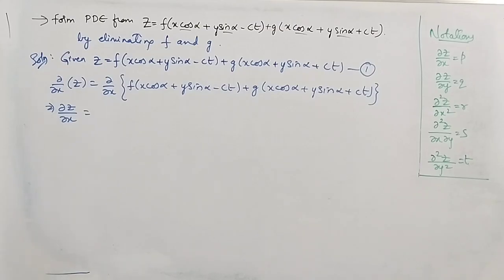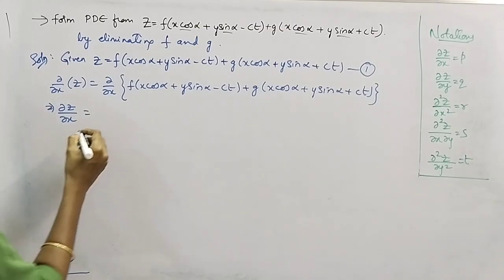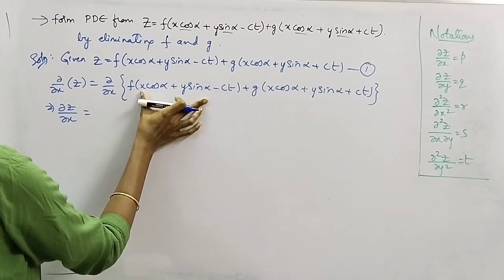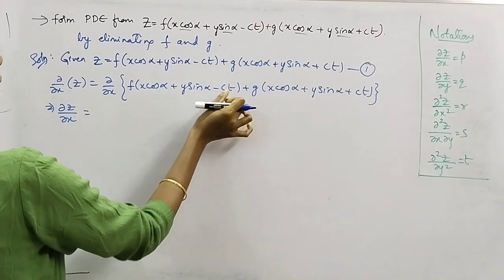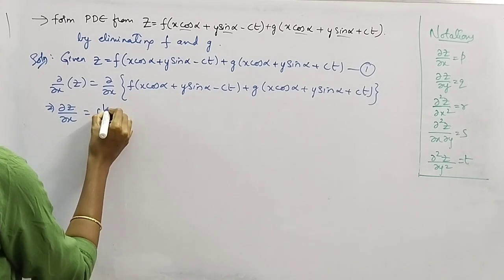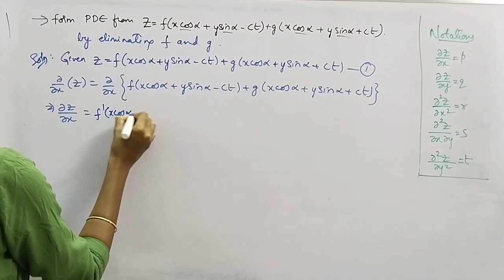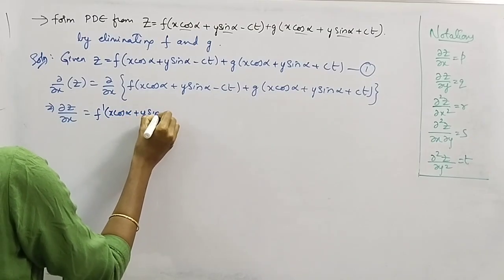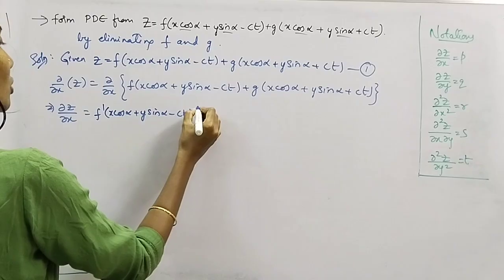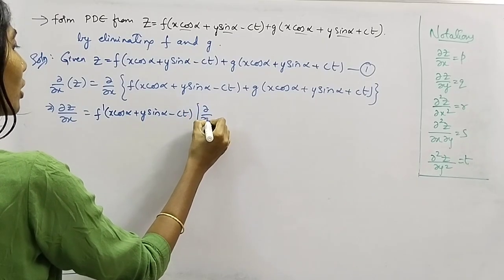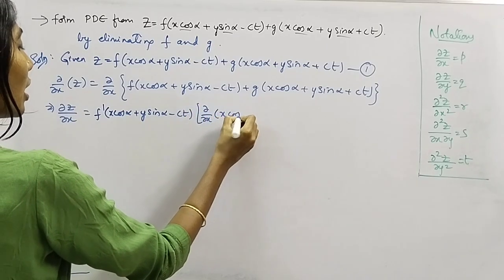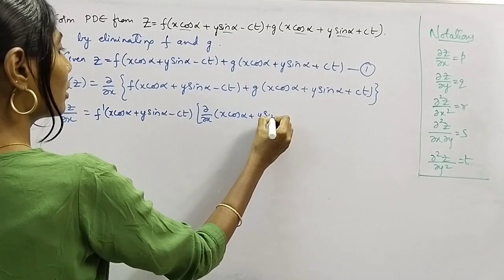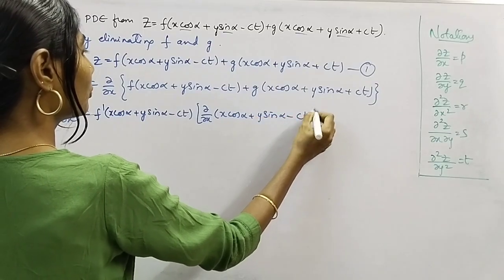also treated as constant. Okay, so this gives us the partial derivative of f of x cos alpha plus y sin alpha minus ct, which is f dash of x cos alpha plus y sin alpha minus ct into the inner derivative, that is dou by dou x of x cos alpha plus y sin alpha minus ct.